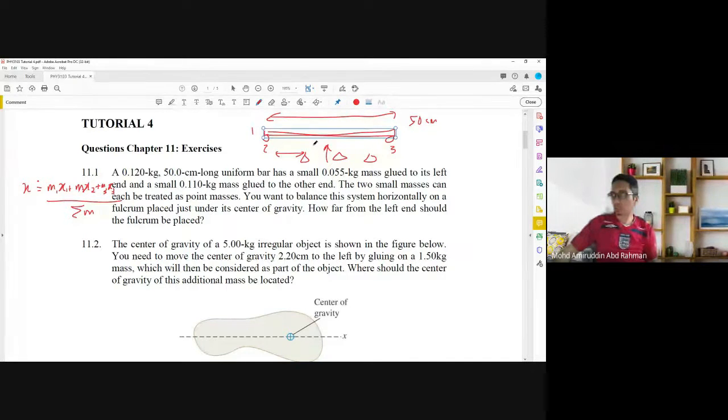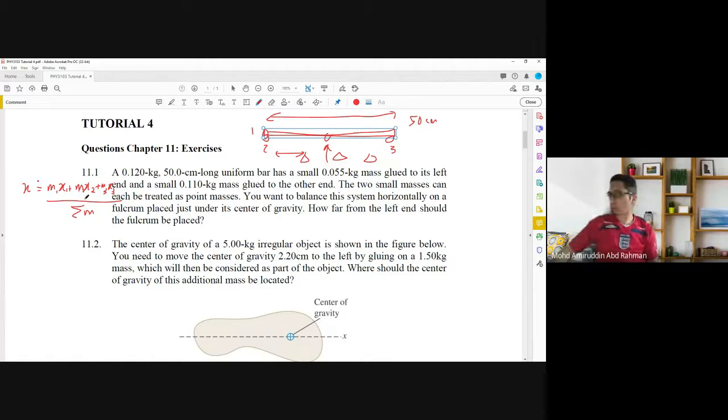You can consider any part. You can consider it at the center here, or you can also take a place somewhere at the origin, here at this location. It is a similar way to calculate it.